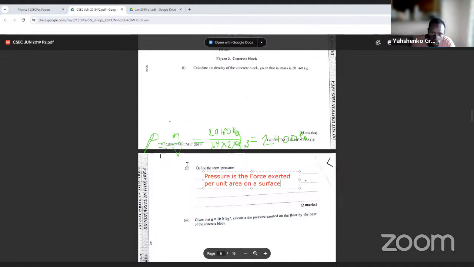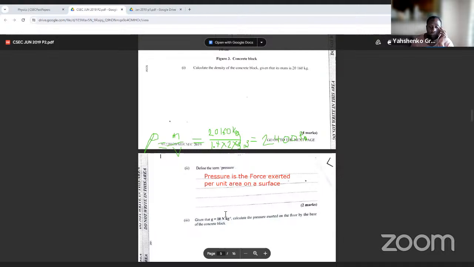So the amount of force pressing on a surface and the area of that surface that force is pressing on, right? So the pressure is the force exerted per unit area on a surface. And yeah, so force and area, you have that in mind.